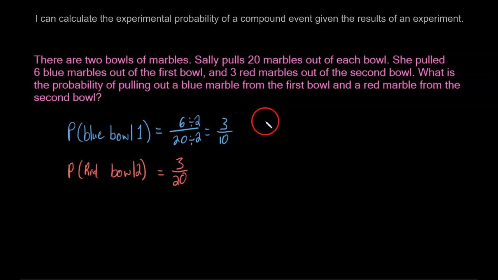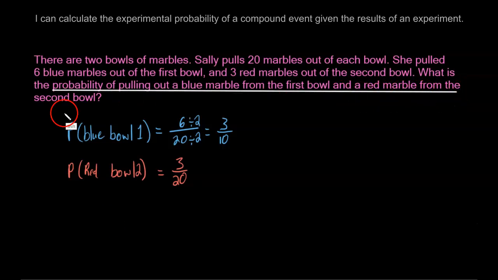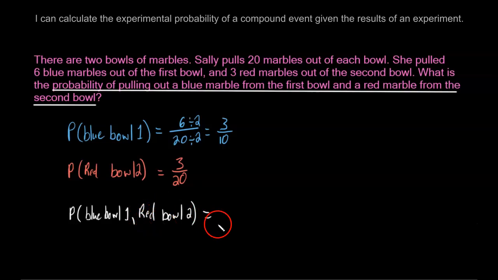So we're looking for the probability of pulling out a blue marble from the first bowl and a red marble from the second bowl. So when we're talking compound probability, the probability of blue from bowl 1, and I'm going to put a comma here, and a red from bowl 2, this is going to be equal to the product of these 2 probabilities.